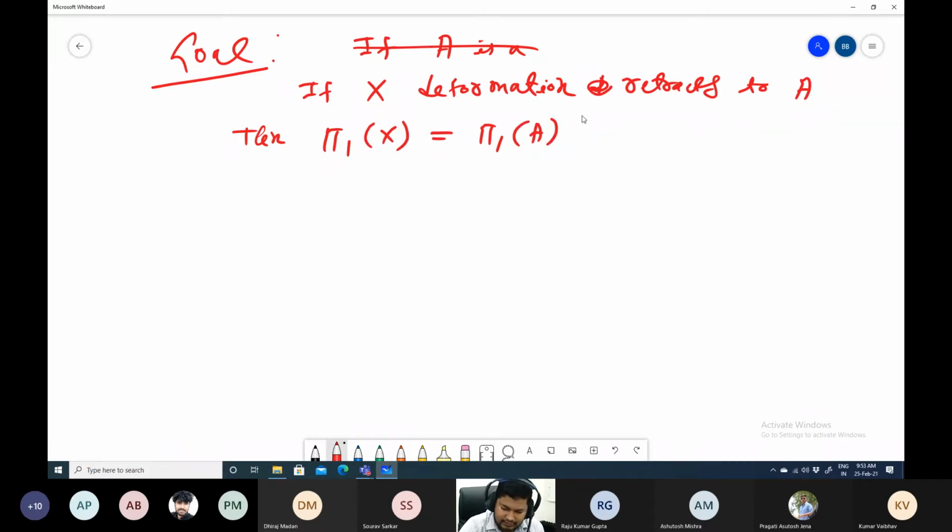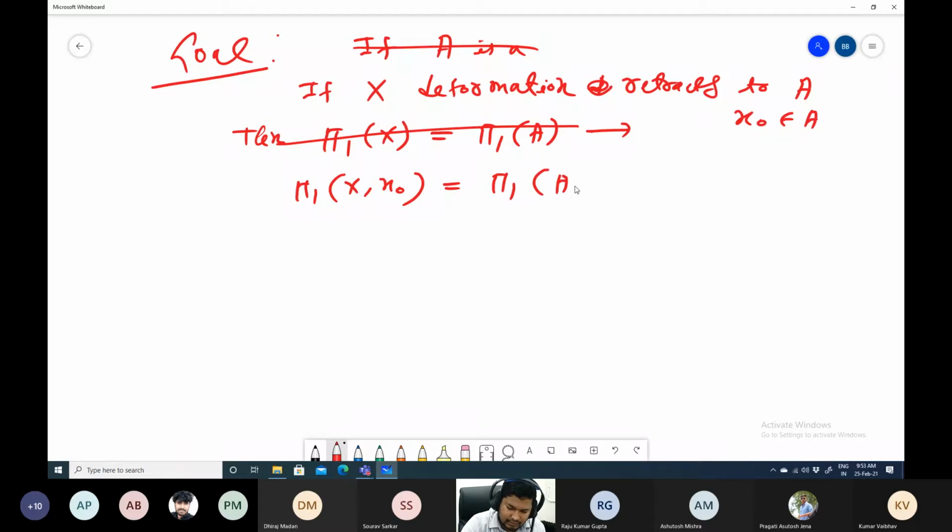Better to say that this should be true if both are path connected and x0 is from A. So pi 1 of X comma x0 is the same as pi 1 of A comma x0. Their fundamental groups are the same.